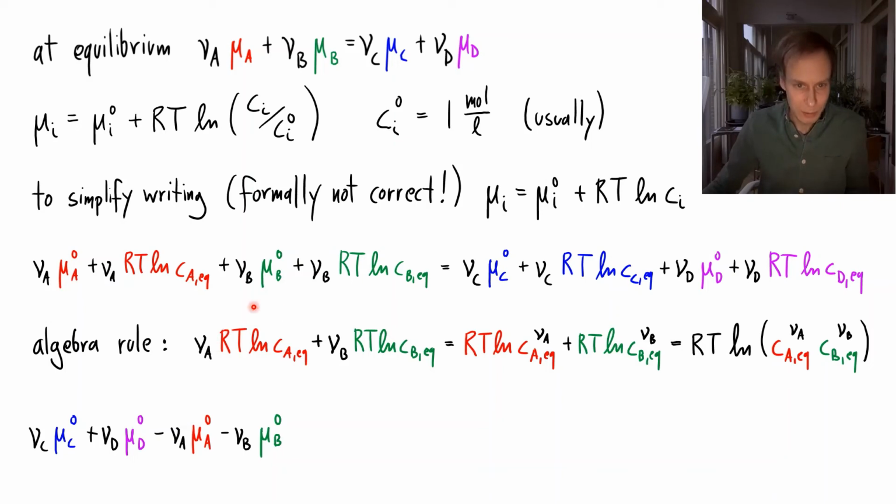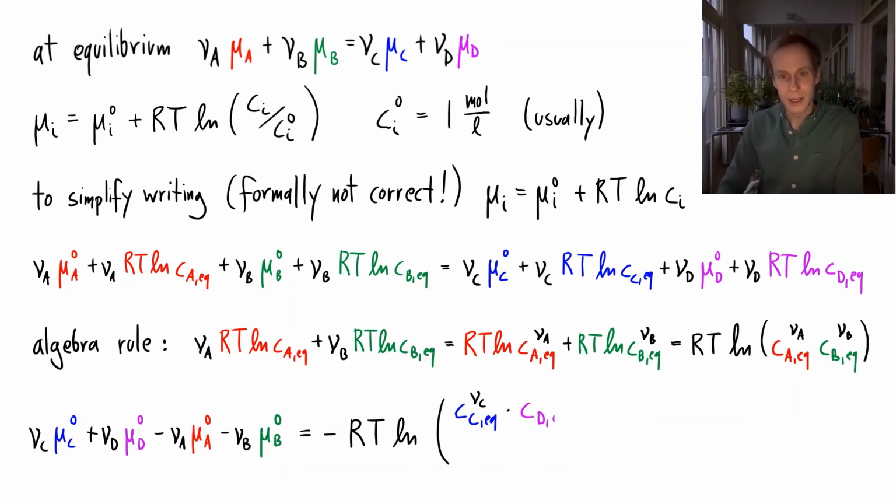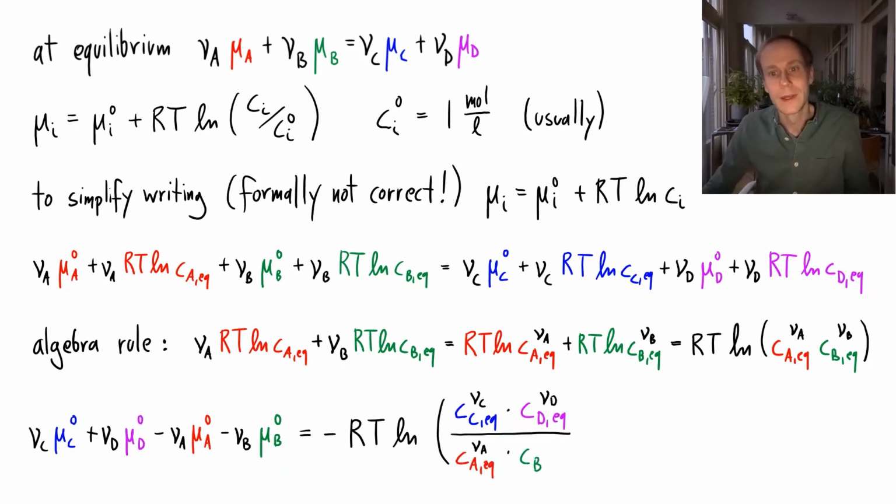Right? I simply brought this term and that term onto the other side. Okay, and now comes this algebraic trick here. On the right side now, I combine the logarithmic expressions with each other to obtain a single logarithm.